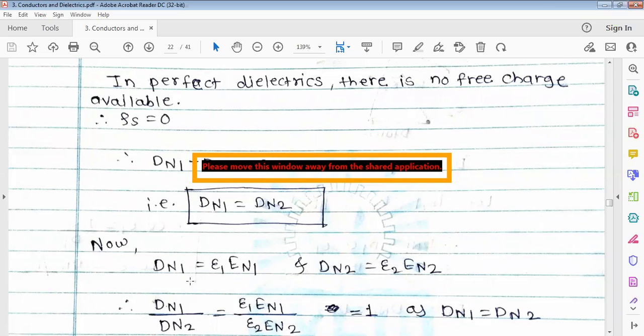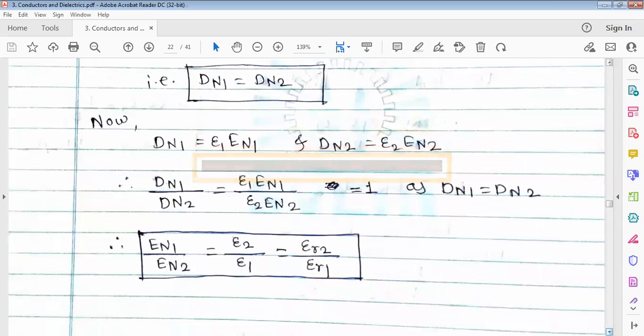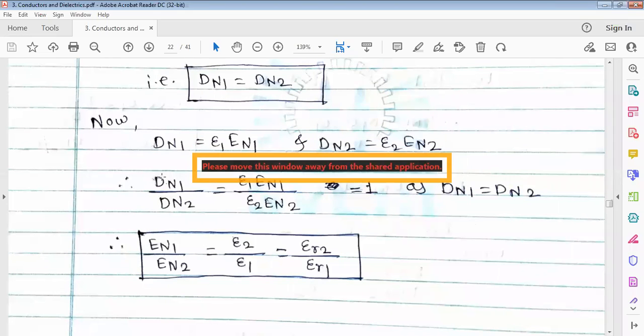So dn1 divided by dn2 is equal to epsilon 1 en1 divided by epsilon 2 en2, and it is equal to 1 as dn1 is equal to dn2. Okay, so here we know that epsilon 1 is nothing but, what is epsilon 1?